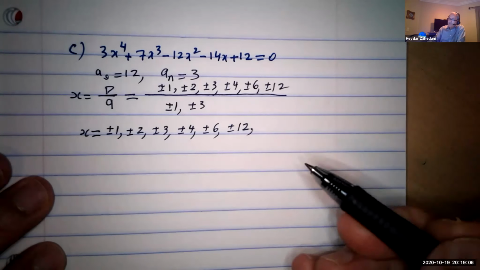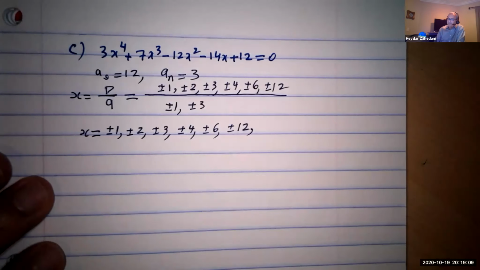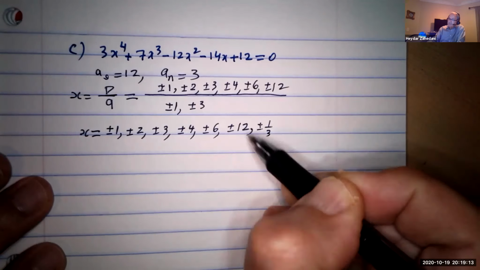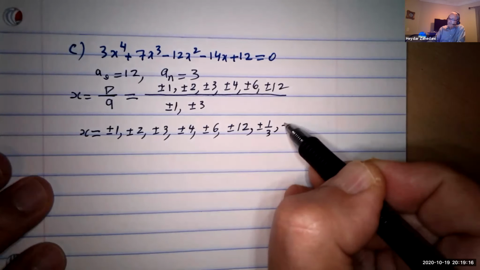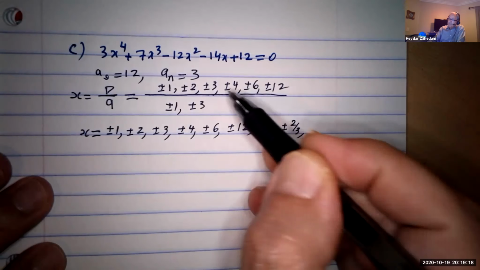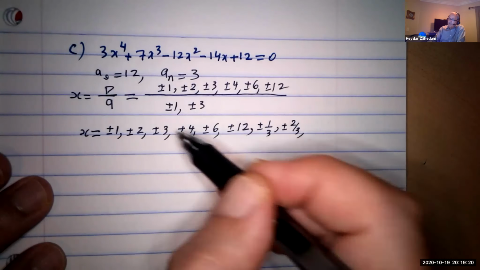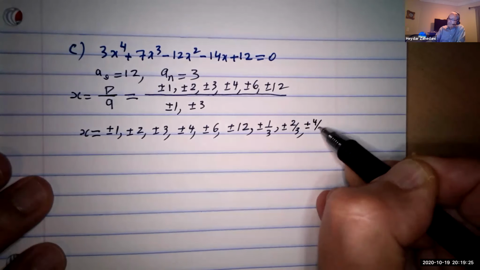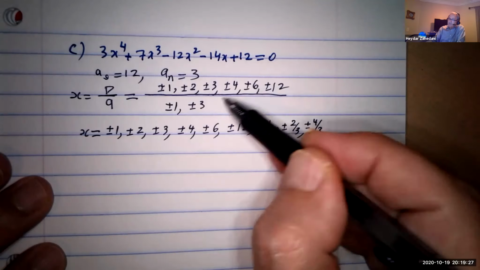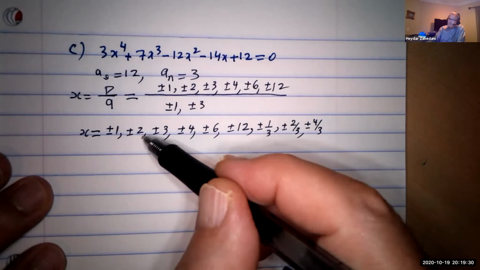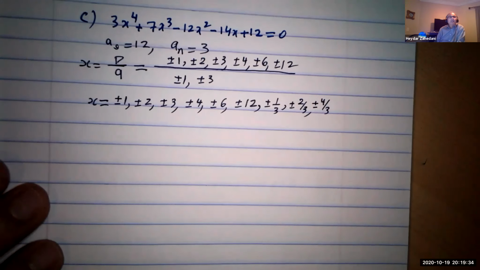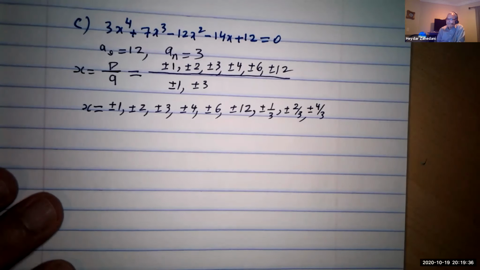Then you have to divide by 3. 1 divided by 3 gives you positive and negative 1/3. That gives you 2/3. If you divide the 4 by 3, you get 4/3. That's a fraction. 6 divided by 3 gives you 2. You already got the 2. And 12 divided by 3, you get 4. So these are going to be the possibilities. You need 2 of these.